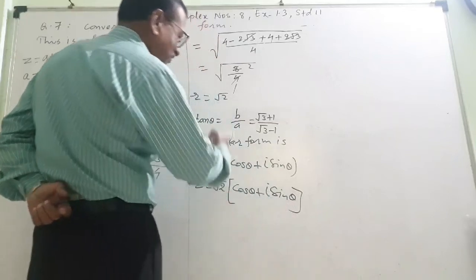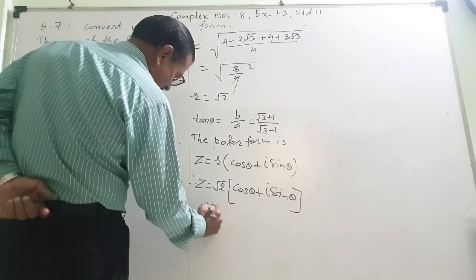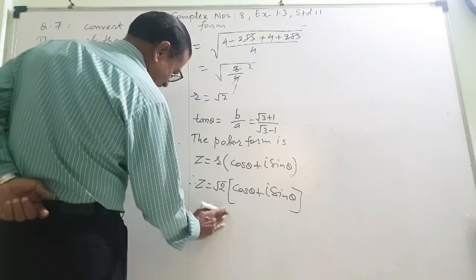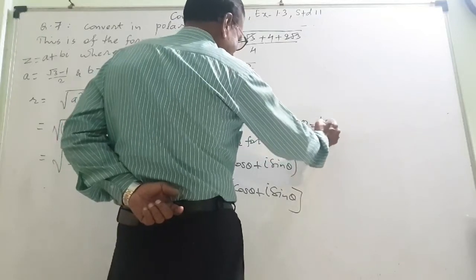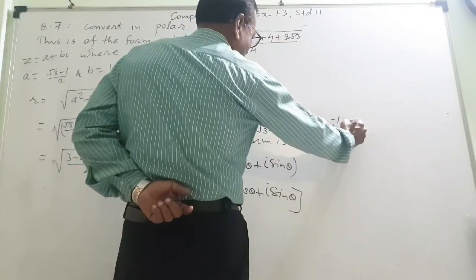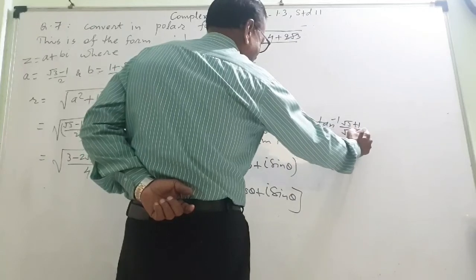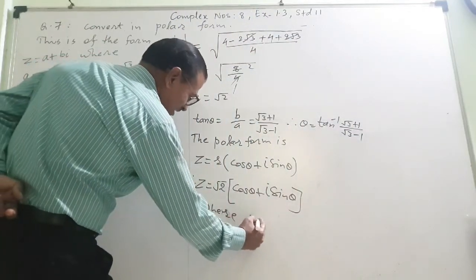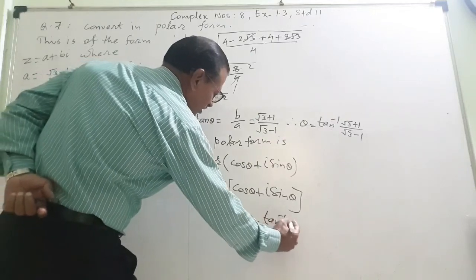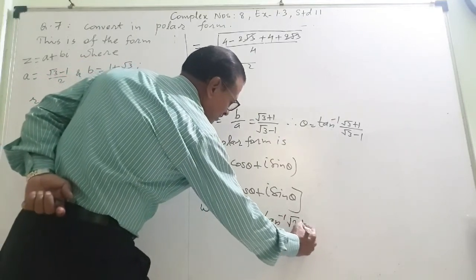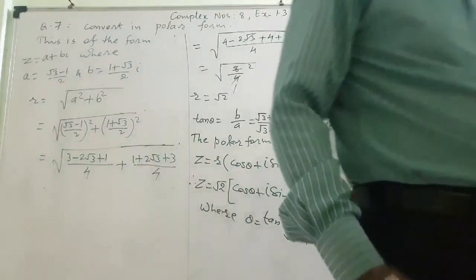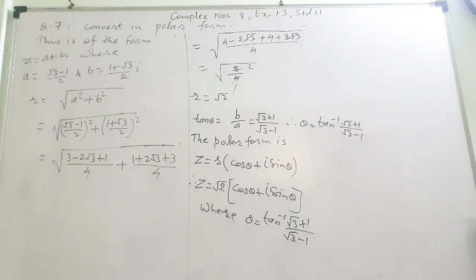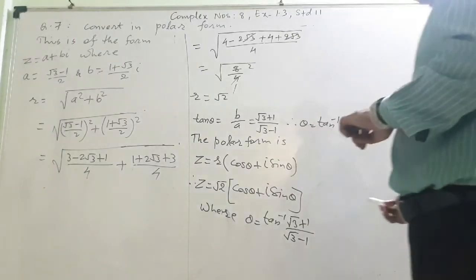The precise value of theta we don't know, so we will write where theta is equal to tan inverse of root 3 plus 1 upon root 3 minus 1. Let me see whether you can see it on the screen. Yes, you can. So this way, this question is a difficult one.